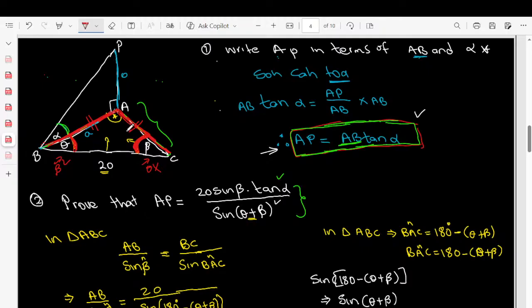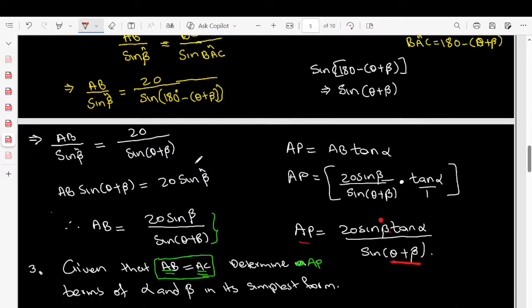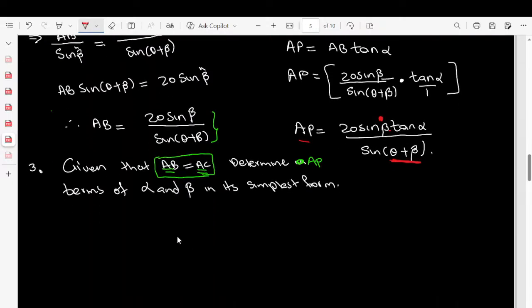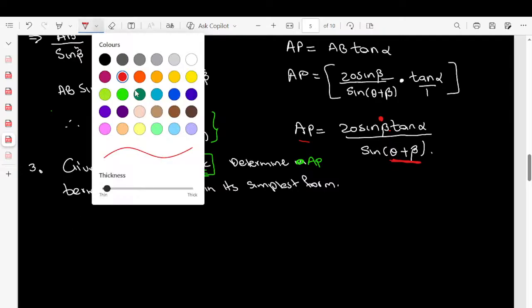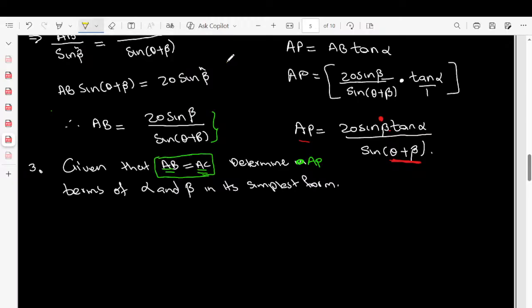So now what I'm going to do, I'm just going to substitute the theta as beta. Let's rewrite this down here, then we're going to solve it step by step.